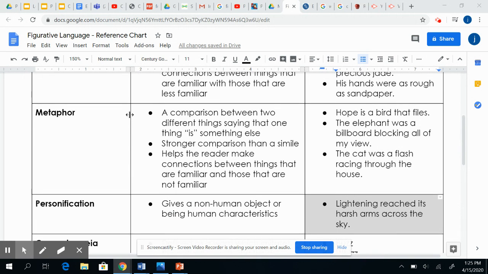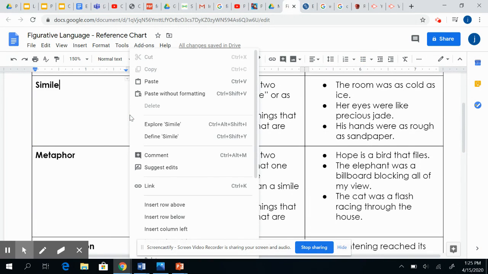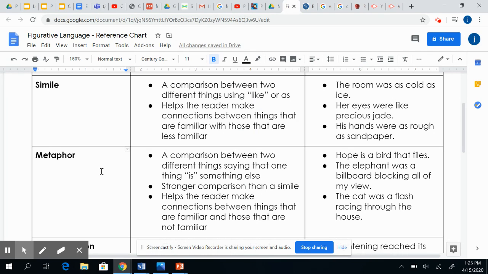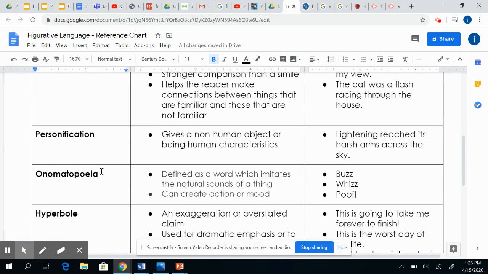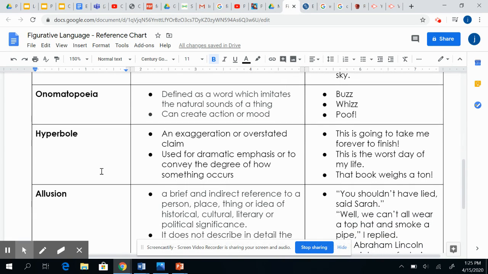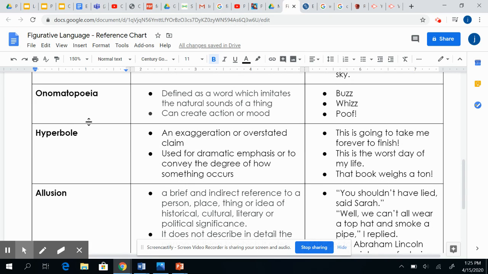Our first few pieces of figurative language were dealing a lot with comparisons, getting us to think about how nonliving things compare to living things, or how two different things compare to each other. But there are other types of figurative language, such as onomatopoeias, which is just an incredibly cool word to say.